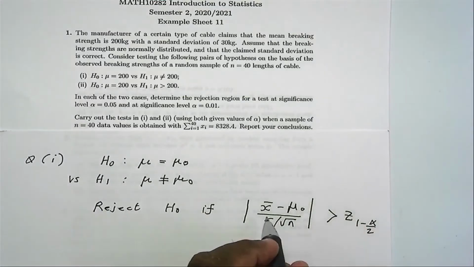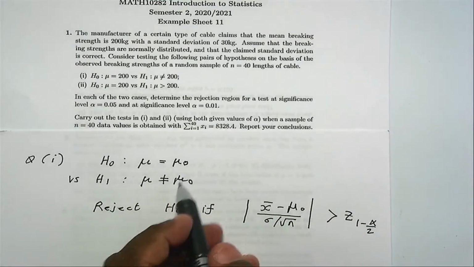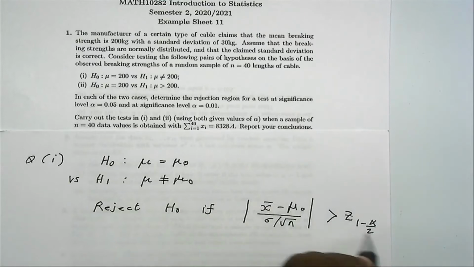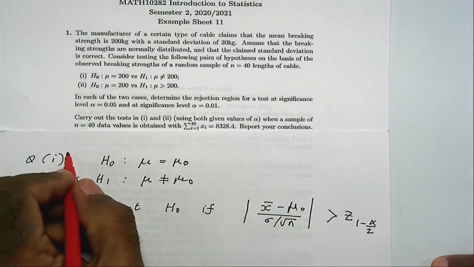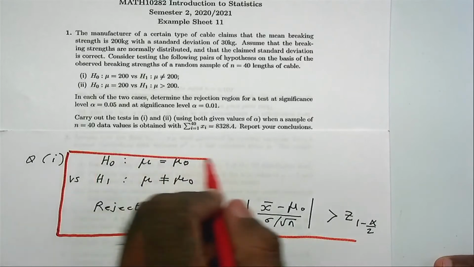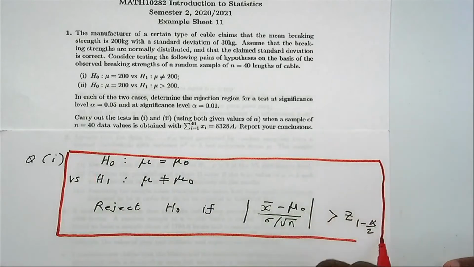Here x bar is the sample mean, mu0 is the value specified by the hypothesis, sigma is the population standard deviation, n is the sample size, and this is the percentile of the normal distribution. You should be able to remember this from the video on the one sample tests. You should know this, right? Okay. So that's what I'm going to use to do part 1.